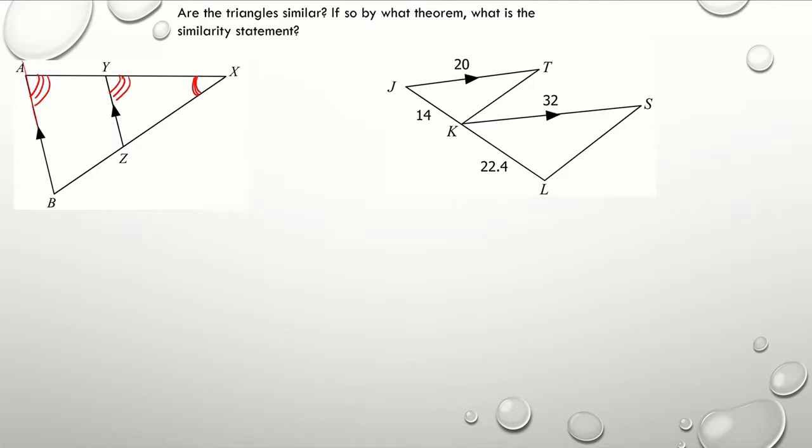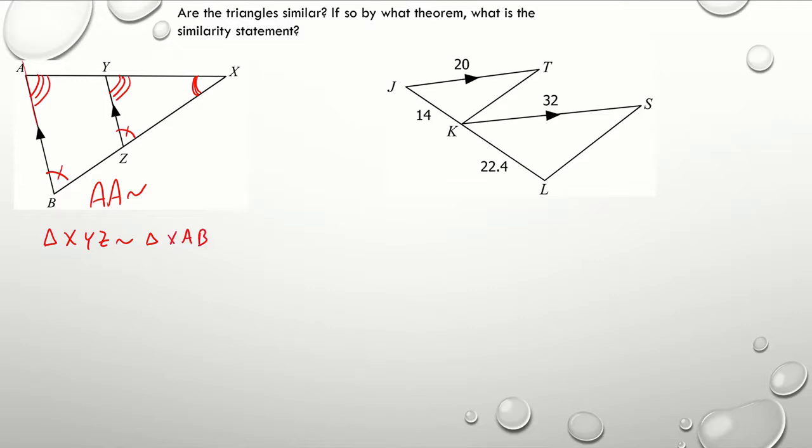I need to prove that two angles are congruent. Because these are parallel lines, this is also a transversal, which tells me that these angles are congruent, or corresponding. So the first one is, yes, they are similar by angle similarity. The two triangles that are similar are XYZ similar to triangle XAB.